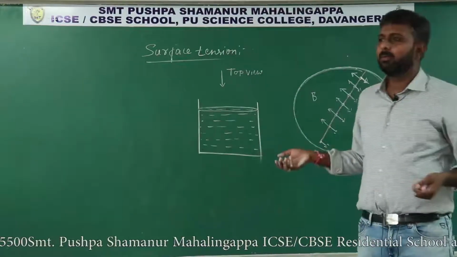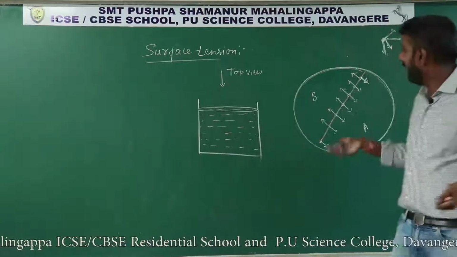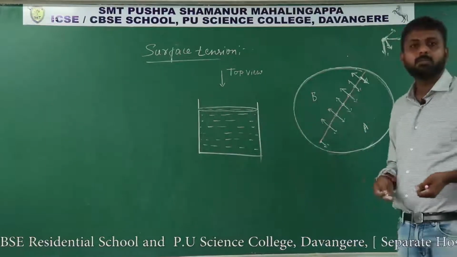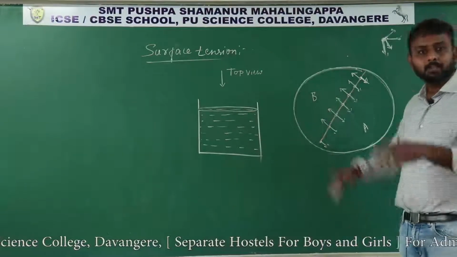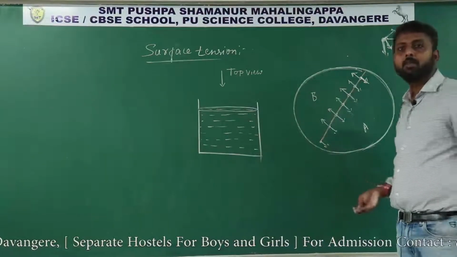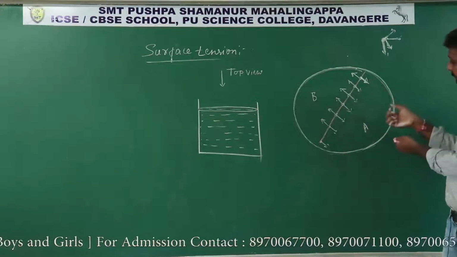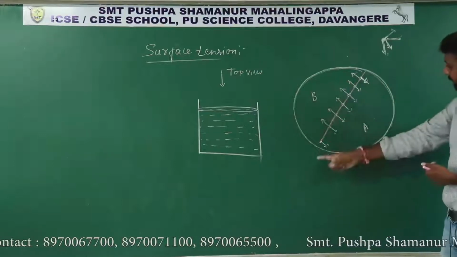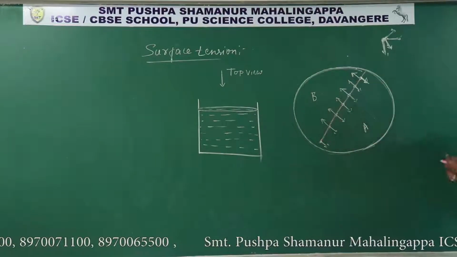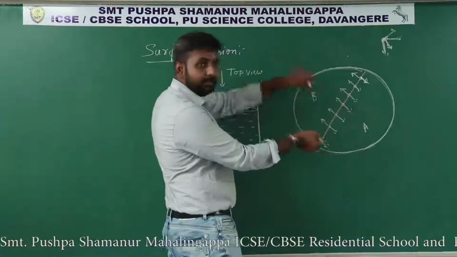So you can consider it as a stretching force acting on these molecules. Not only on these molecules, wherever you draw an imaginary line and consider two parts, you can observe that the A part is pulling the molecules on this imaginary line this side, and the B part is pulling the A part this side.